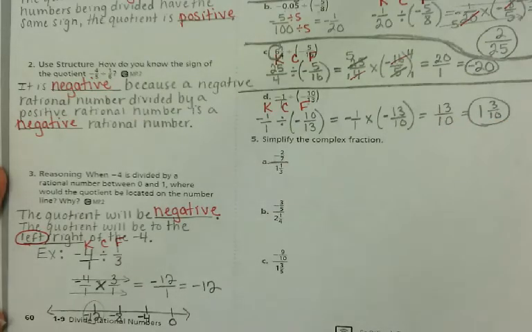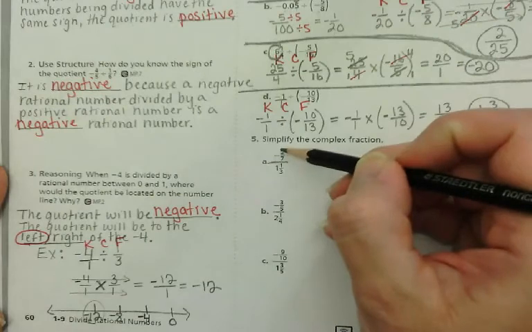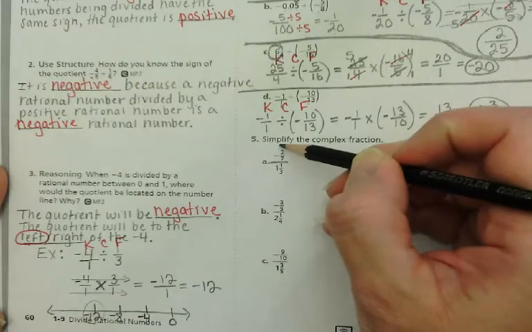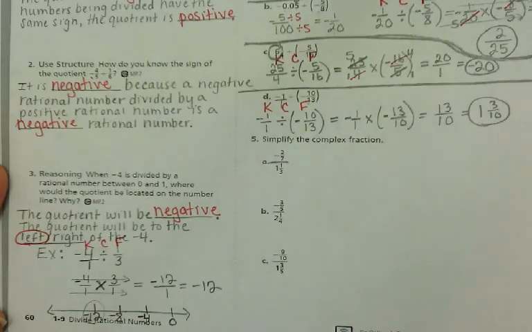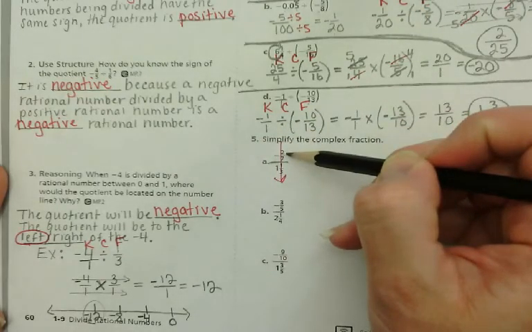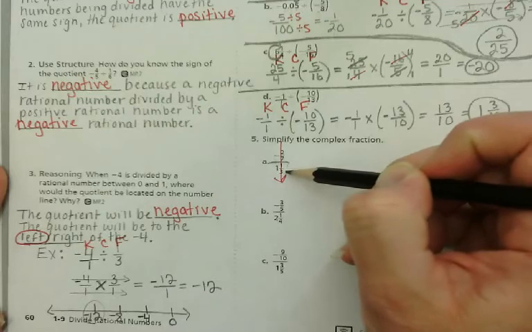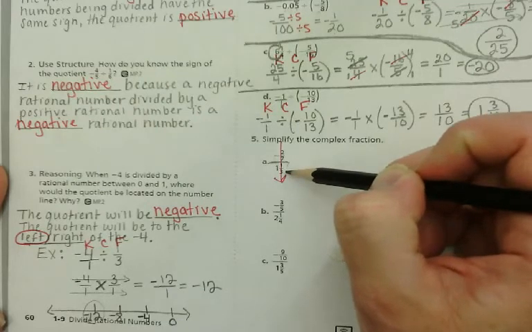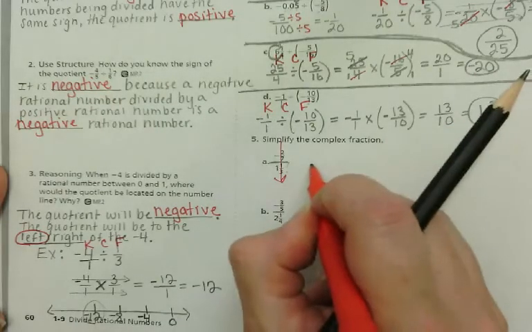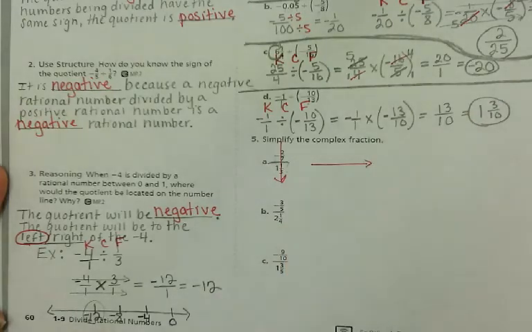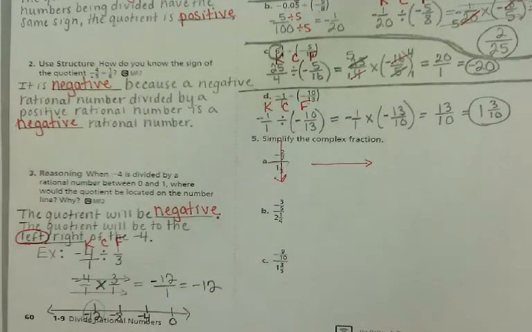The very first thing you want to do is unstack this fraction. So the fraction is written and read from top to bottom, kind of like that. So it's negative 2/7 divided by 1 1/3. What we want to do is just change this to a horizontally written division problem.